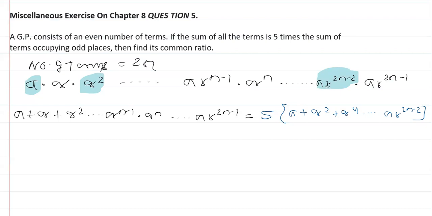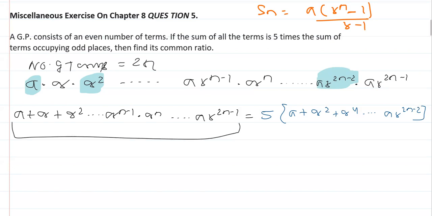Now we are going to apply the general formula for finding the sum of n terms. You must be remembering that Sn is equal to a times r raised to the power n minus 1, over r minus 1. That's the general formula for finding the sum of n terms. Now I'm getting the sum of this. The total number of terms is known, and you know a and r.